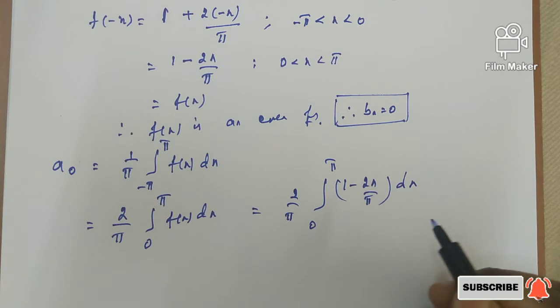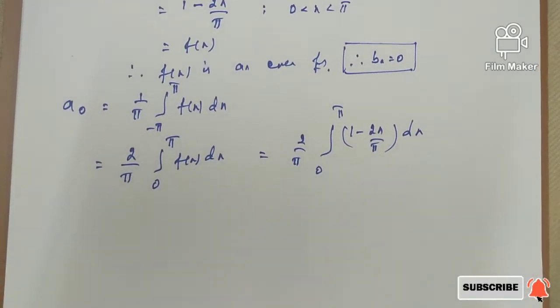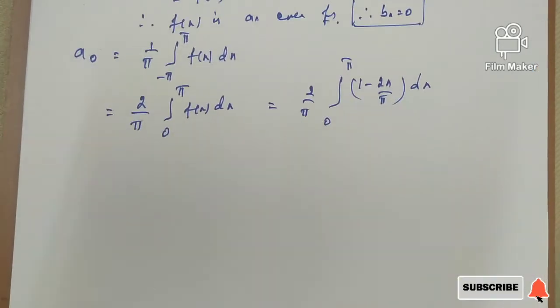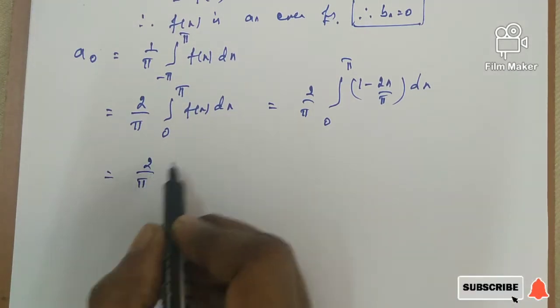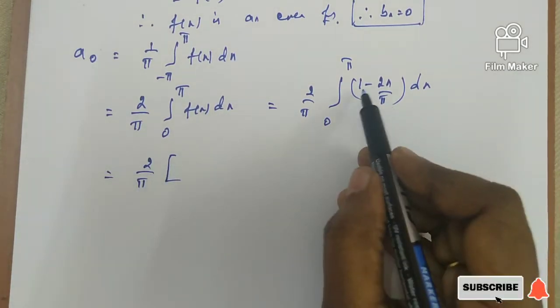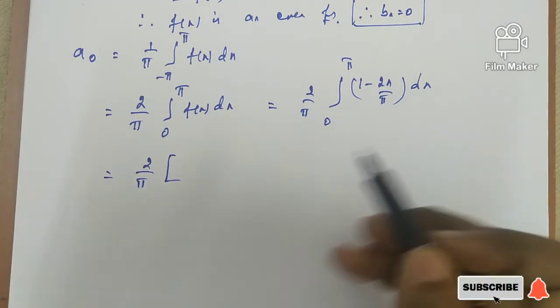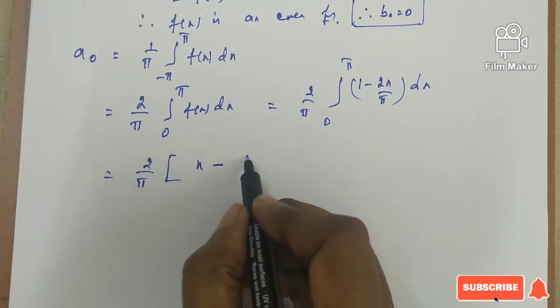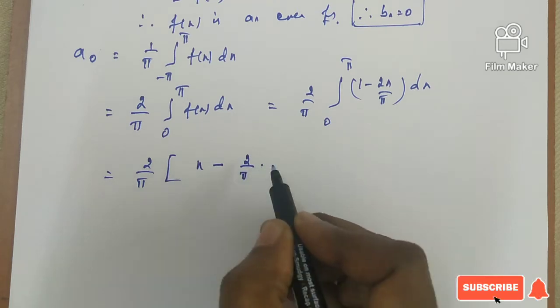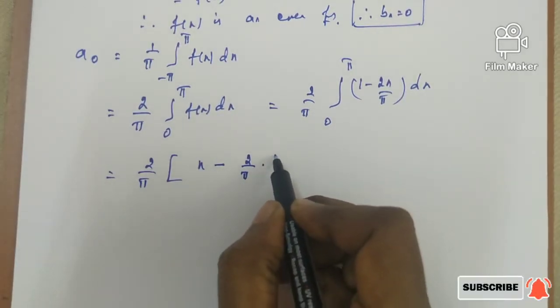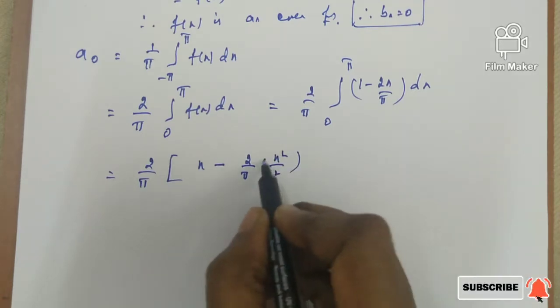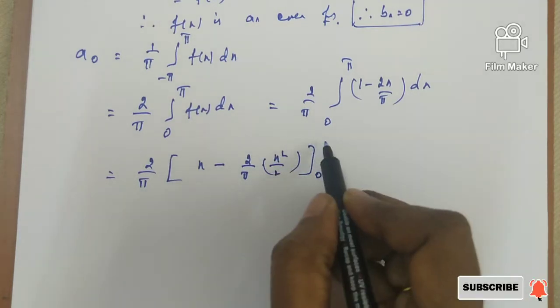Now we need to integrate this, and we can get the answer for a0. Which is equal to 2 by pi, integral 1 into dx, that is dx. So integral dx is x, minus 2 by pi is a constant, integration of x is x square by 2. What is our limit? Limit is 0 to pi.